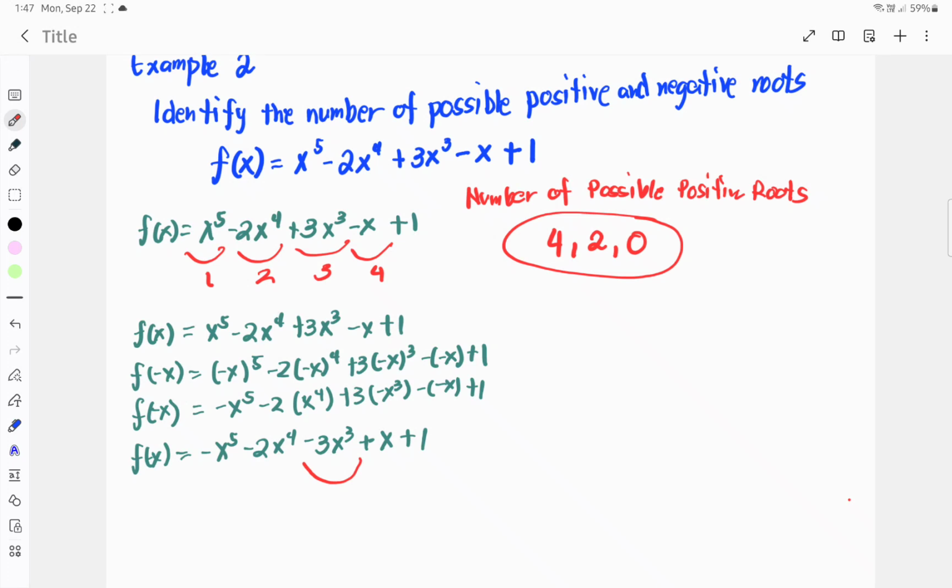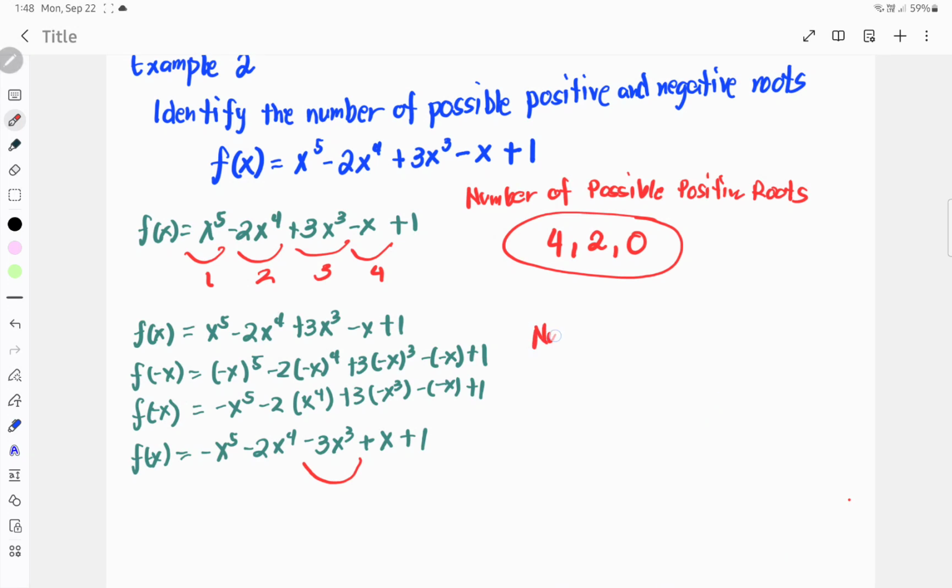There are no other variations. Am I correct with that? Okay, negative, okay, positive. That's only 1.